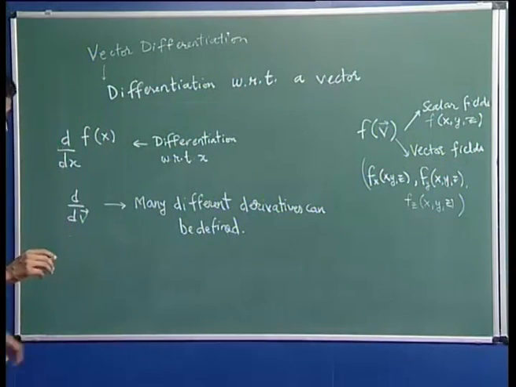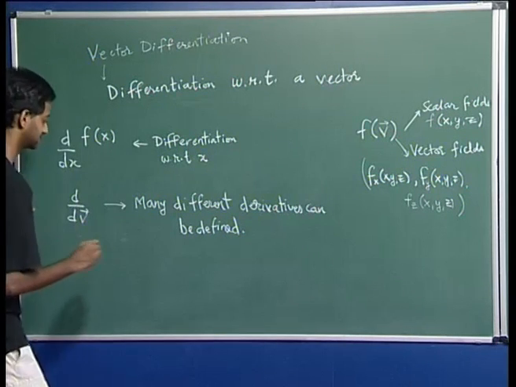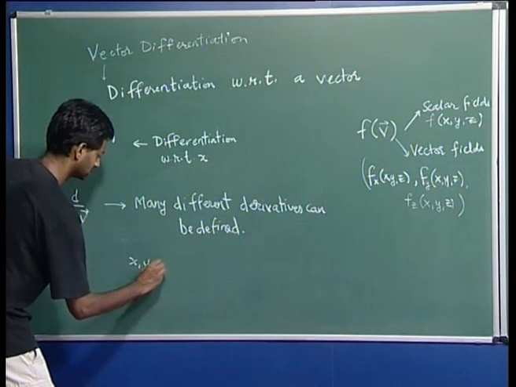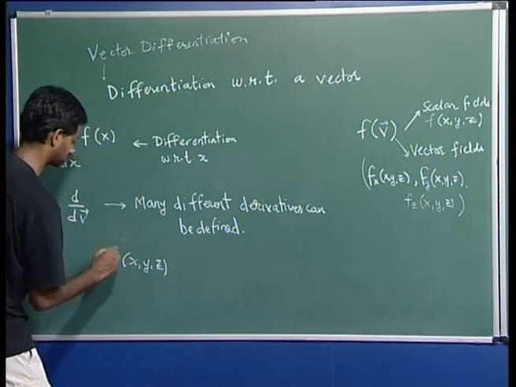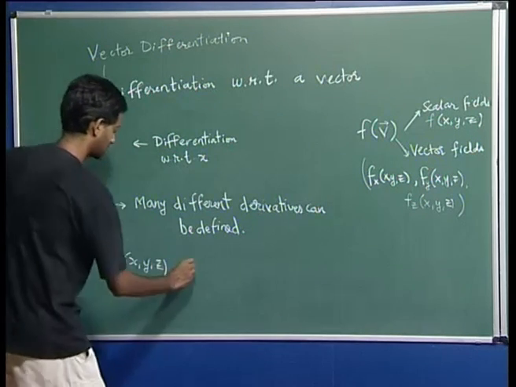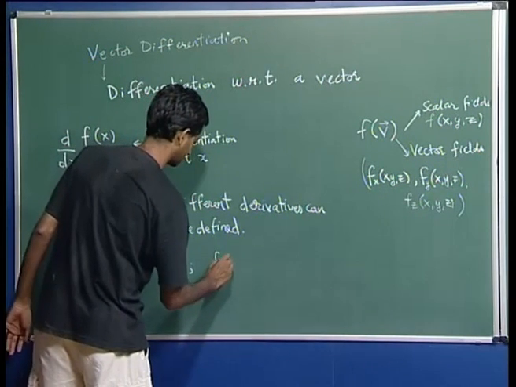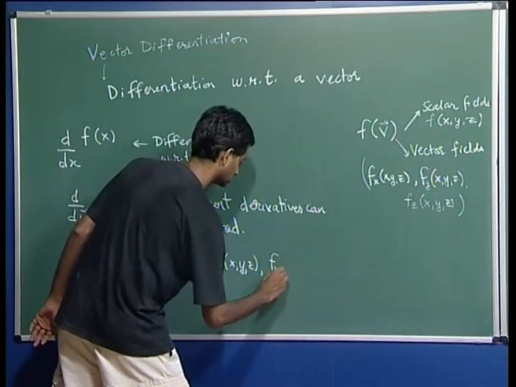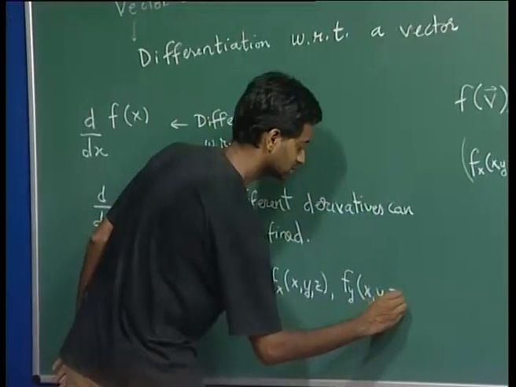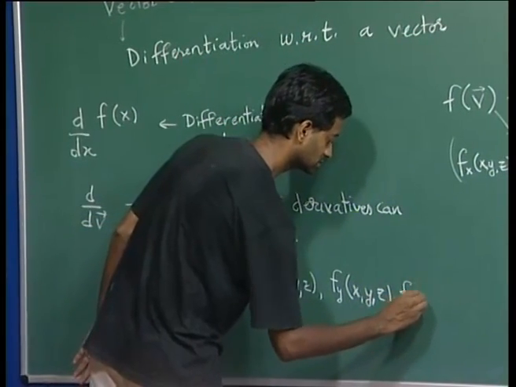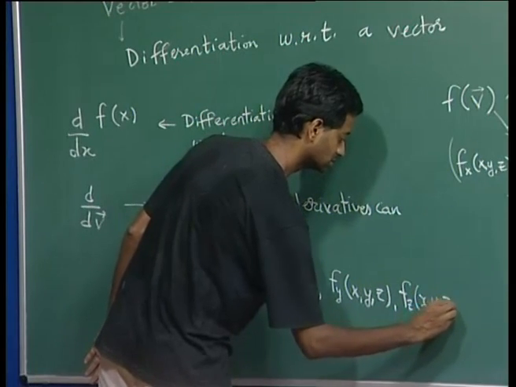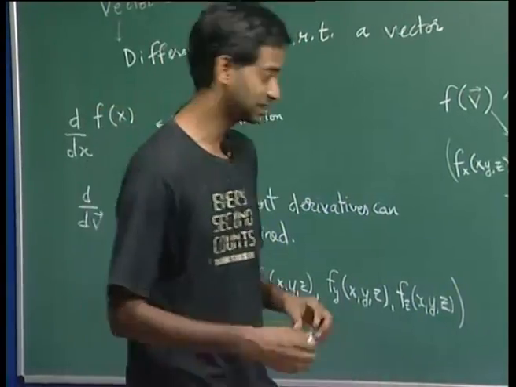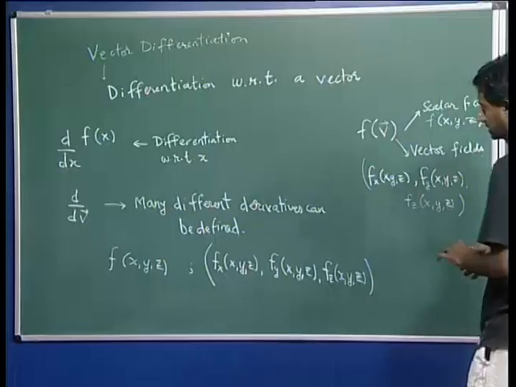So for the rest of this lecture, I'll be considering the coordinate space x, y, z. So you have functions of x, y, z. You have scalar functions and you have vector functions. Vector functions will have three components. So this is what I'll be considering for the rest of this lecture.